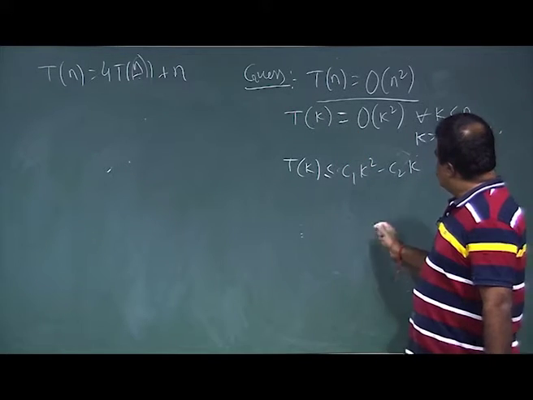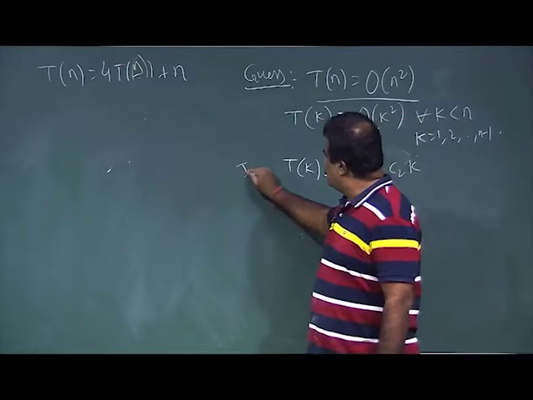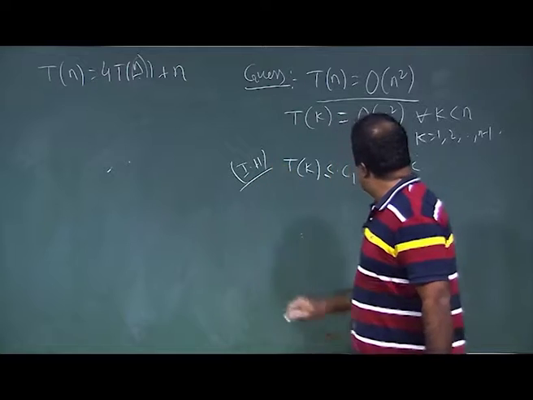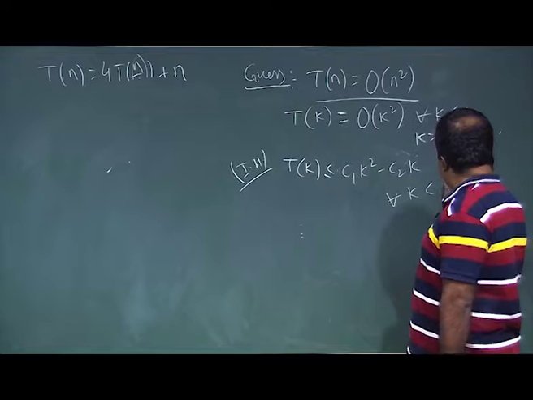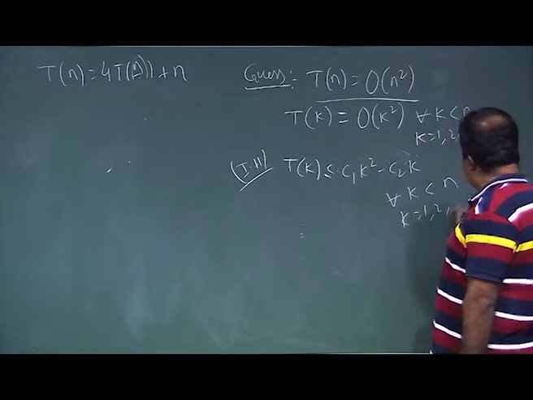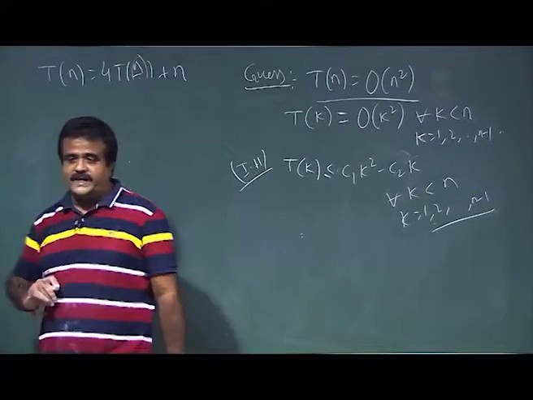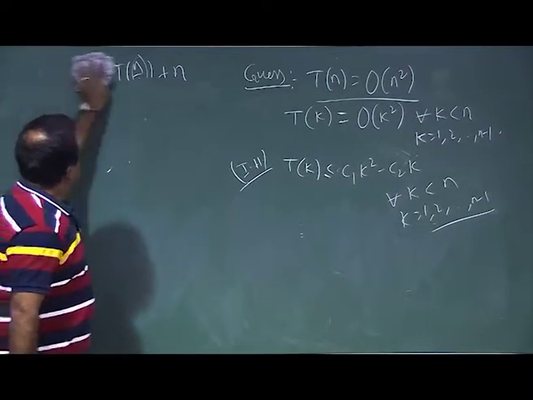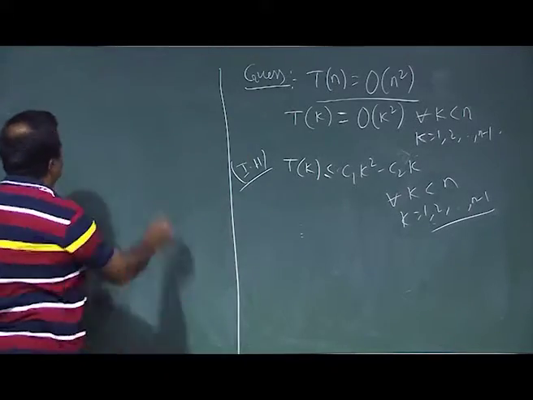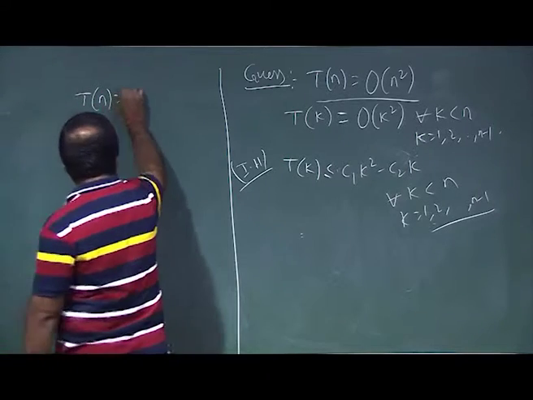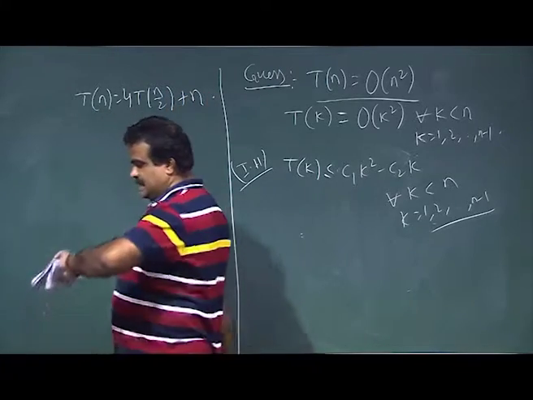Is this clear? This is our induction hypothesis step, which is true for all k less than n, so k is equal to 1 to n minus 1. Now, we use this bound to achieve that. So, let us write our recurrence: T(n) is equal to 4 T(n by 2) plus n.